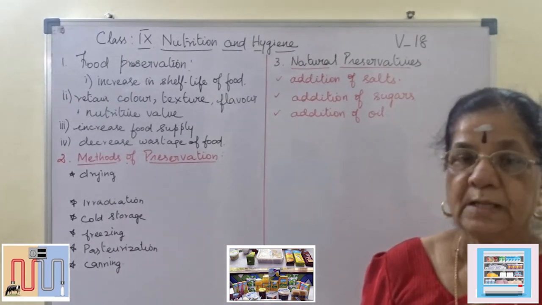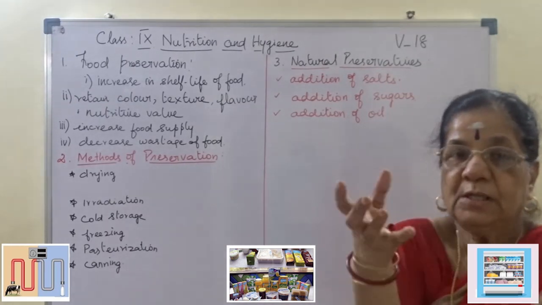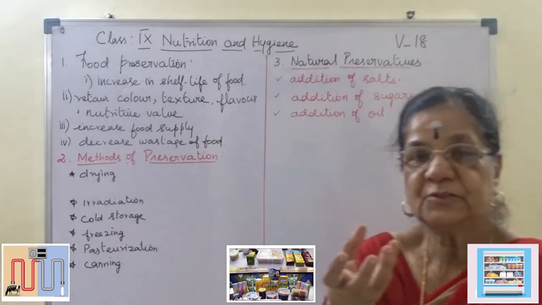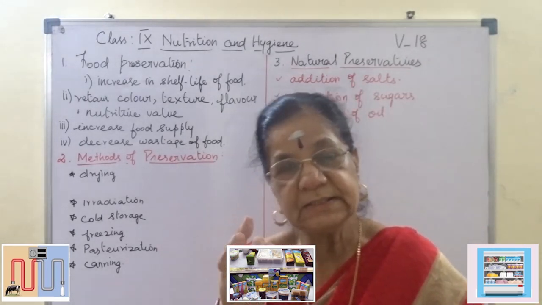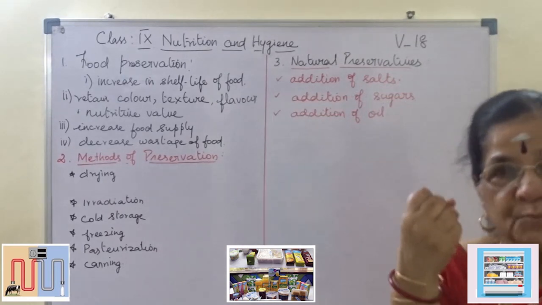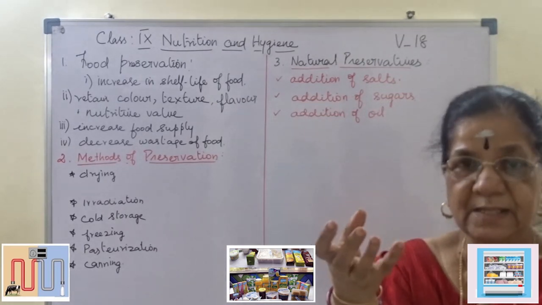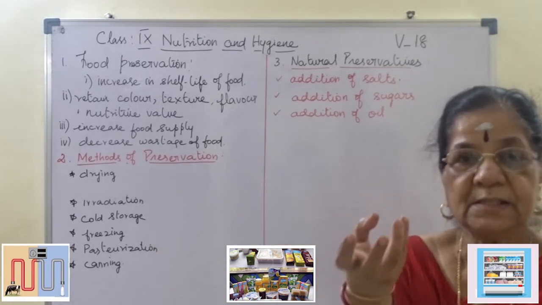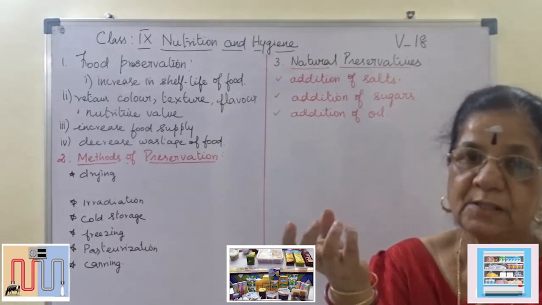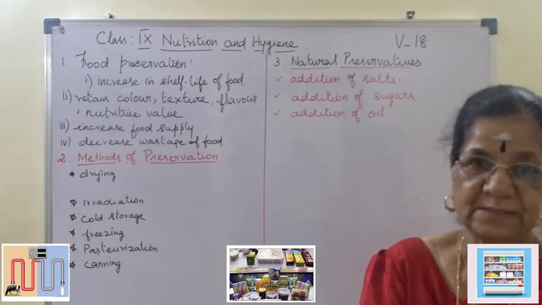more time. And addition of sugar also, நம்ம வந்து இப்போ இந்த நெல்லிக்காயெல்லாம் சுகரில் ஊற போடுறோம் இல்லையா, that is a method of addition of sugar. Right? Jam, pickle, jam, jelly, அதெல்லாம் sugar add பண்ணுறோம்ல, they are natural method of preservation.